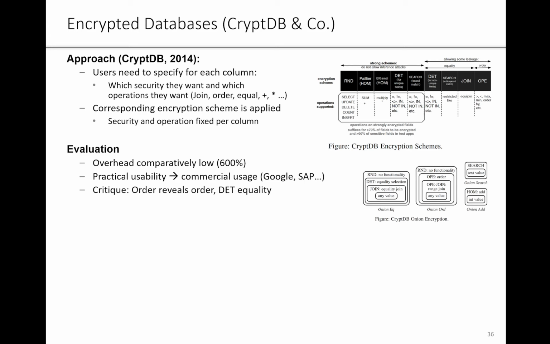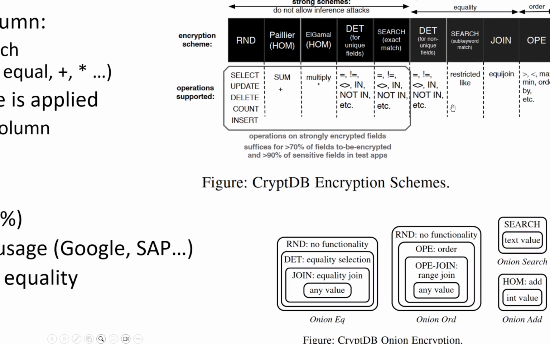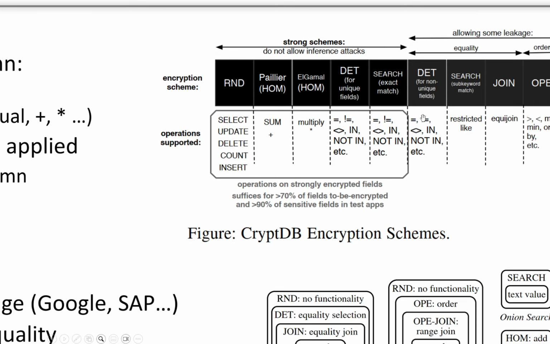Some examples here. So what they, for example, support, this is CryptDB. You can select what kind of security level you want, and then you can learn what kind of operations are supported. So let's say through randomization, select, update, delete, count. If you have some index, you can select based on the index, update based on the index.